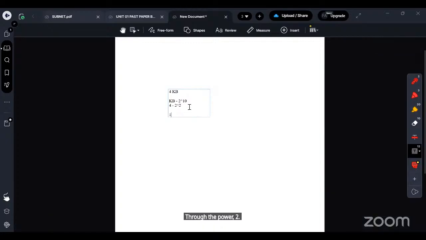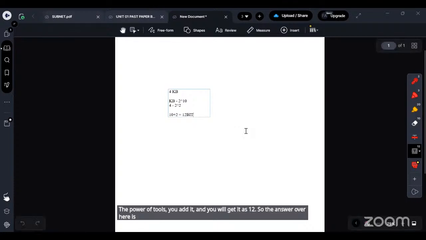So then 10 plus 2, the powers of 2, you add them and you will get 12. So the answer over here is 12 bits.